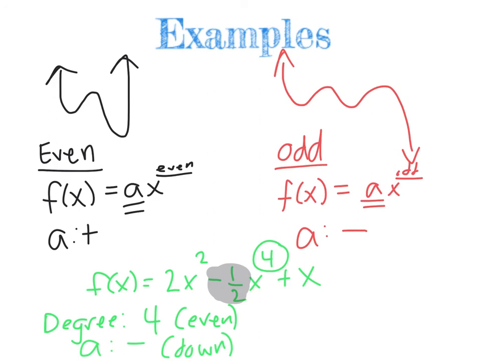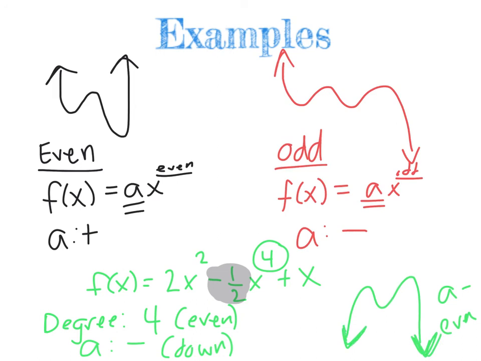The degree is even, so the arrows are pointing in the same direction, and the leading coefficient is negative, which means that those two arrows are both pointing down. And the polynomial will look something like this. Because a is negative, and because the exponent is even, both arrows point in the same direction.